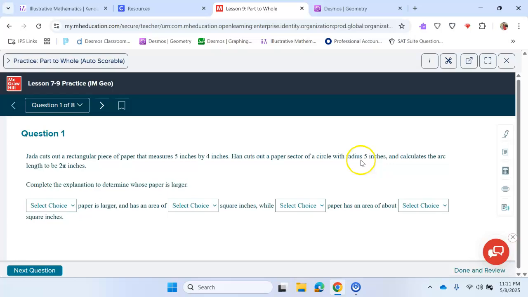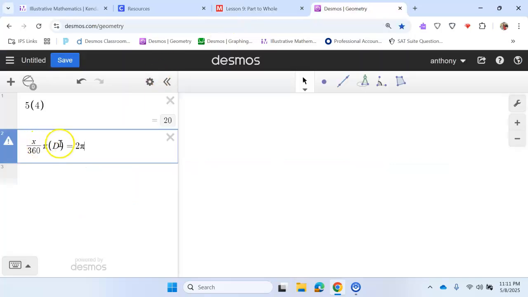His circle has a radius of 5 inches, so its diameter is 10.